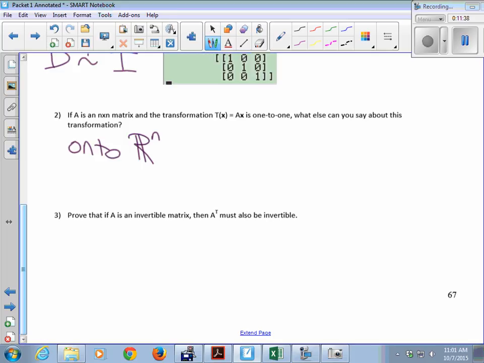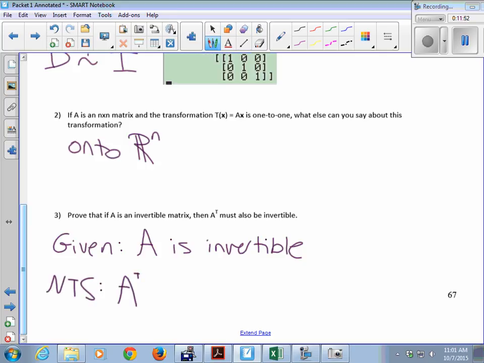Okay, so what do I need to show, right? I'm given A is invertible. And I need to show that A transpose is invertible. So what does it mean to be invertible? Just at the most basic level.